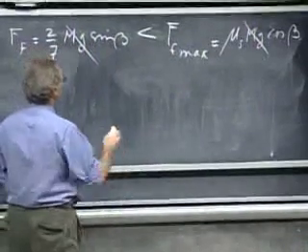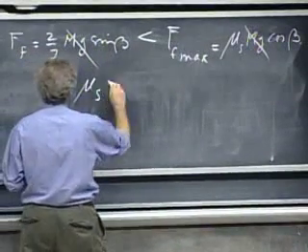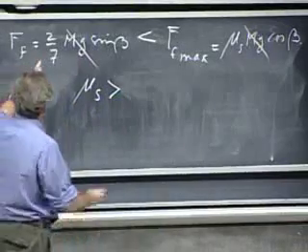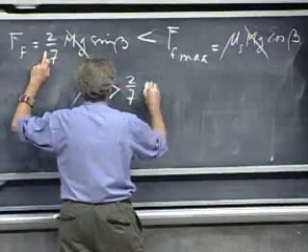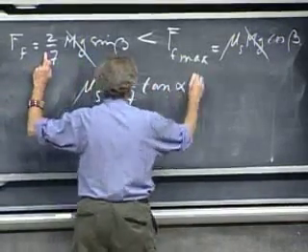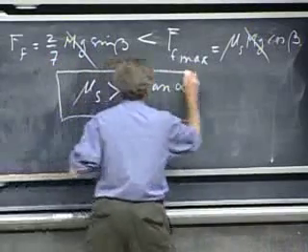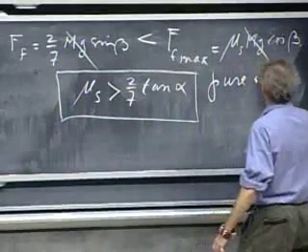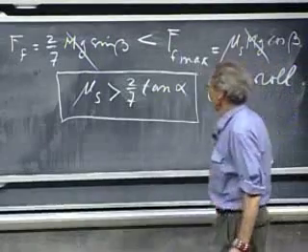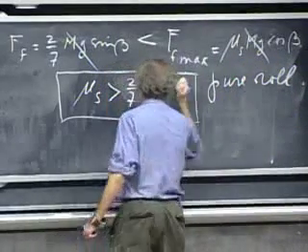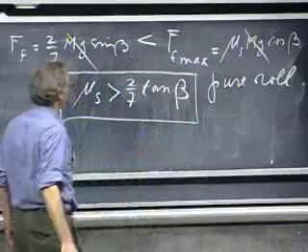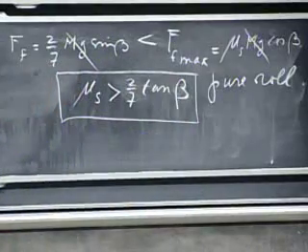And so a necessary condition is that the static friction coefficient must be larger than 2/7 times the tangent of alpha in order to have pure roll. Not alpha. I don't know what is wrong with me. Beta.